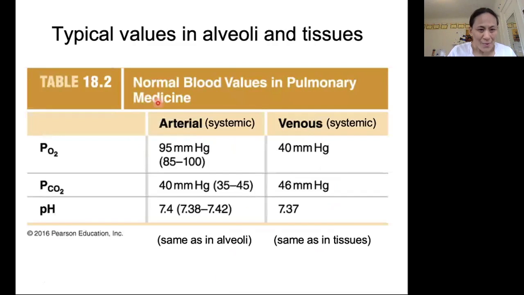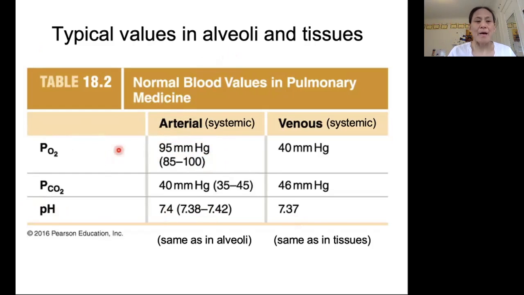All right, so I want to show you this table from your book. It shows you the typical values for partial pressure of oxygen and carbon dioxide in our alveoli and in our tissues. Don't worry about pH, okay? So these are the values. PO2 in our systemic arteries is about 95 millimeters of mercury. I think of it as 100, but whatever, it's in that range.